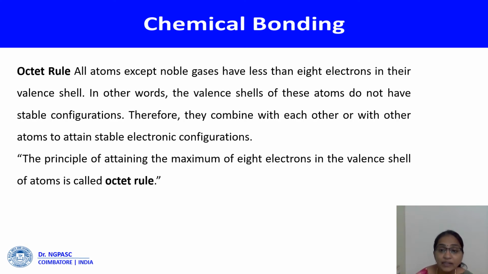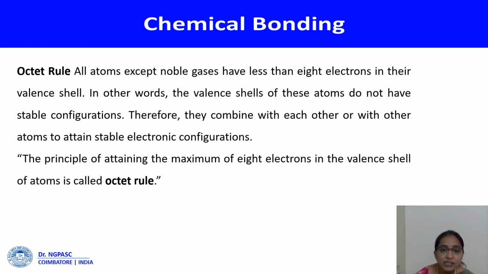What is the octet rule? The octet rule applies to all atoms except noble gases. What do we mean by noble gases? Noble gases are helium, neon, argon, krypton, xenon. Other atoms have less than 8 electrons in their valence shell, that means the outermost shell.